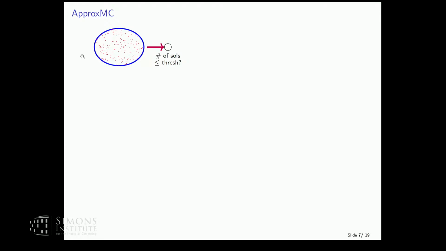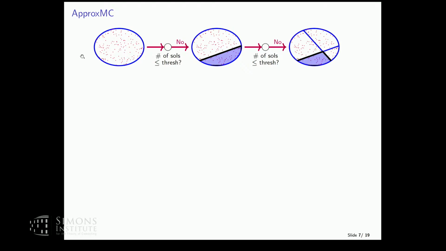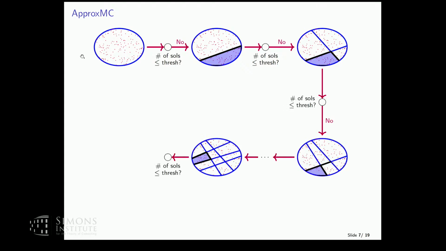If the answer is no, we would like to partition the solution space. And this is precisely where we can use a pairwise independent hash function, an XOR. We pick one of the cells and ask the same question: is the number of solutions greater than the threshold? If we again have more than threshold many solutions, we partition further. We keep doing it until we reach a point where the number of solutions is indeed less than the threshold.